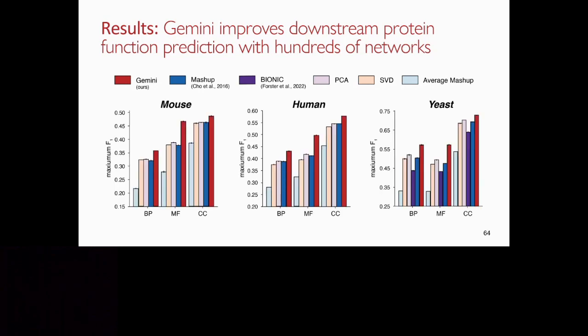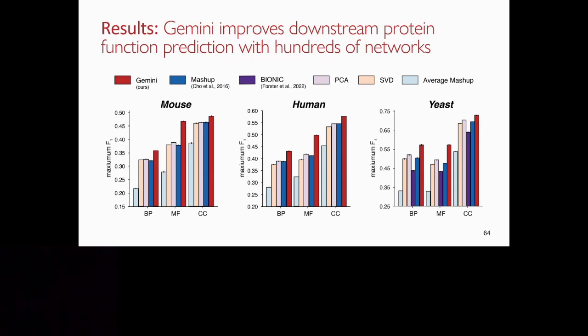So first, if we look at the maximum F1 score of that downstream predictor, so higher is better here, Gemini, which is the dark red bar on the far right of all of these plots, is outperforming the other methods over fivefold cross-validation in terms of the biological process, molecular function, and cellular component subontologies.